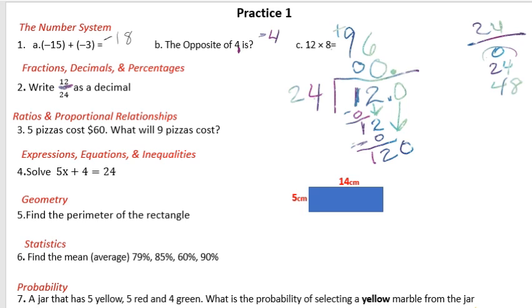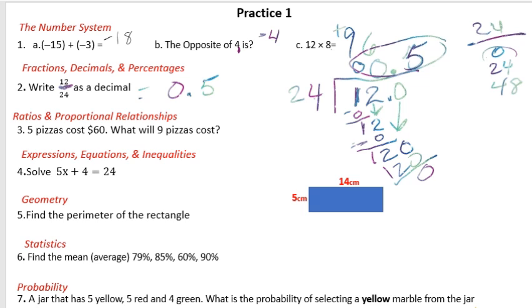I need to think of my 24 times table: is there a number that is 120 or close to 120? Yes, that would be 24 times 5. And 24 times 5 is 120, which leaves me with 0. So here is my answer: 0.5. So it's actually just a half.